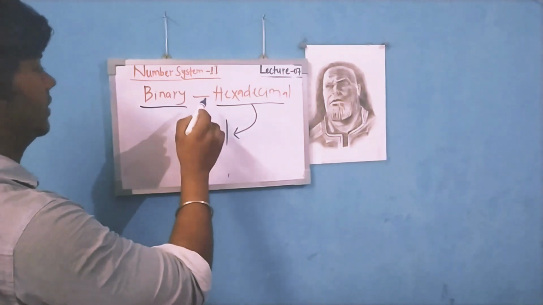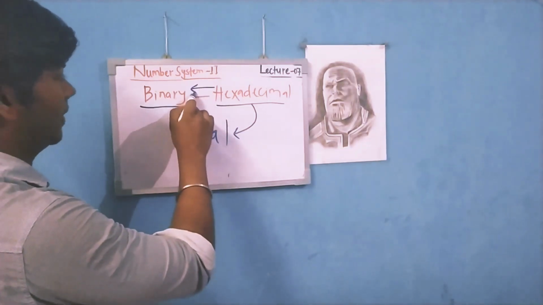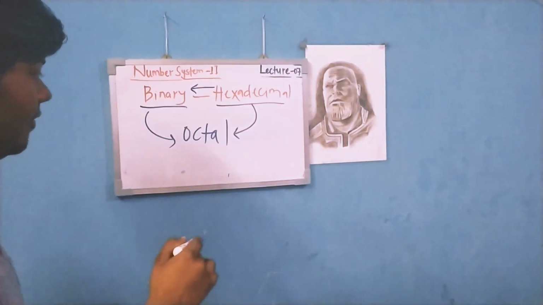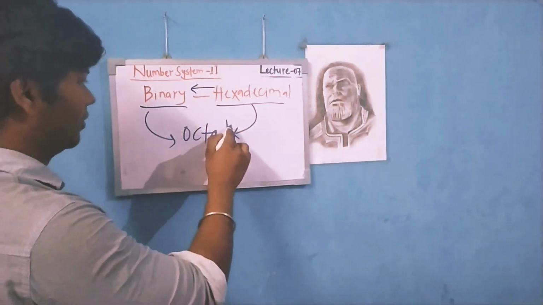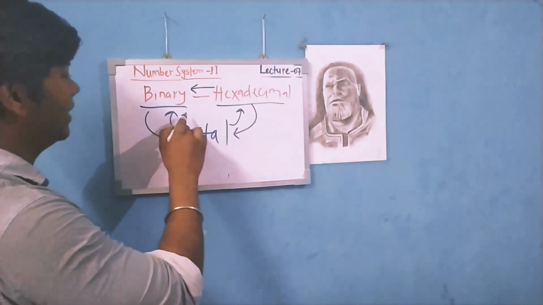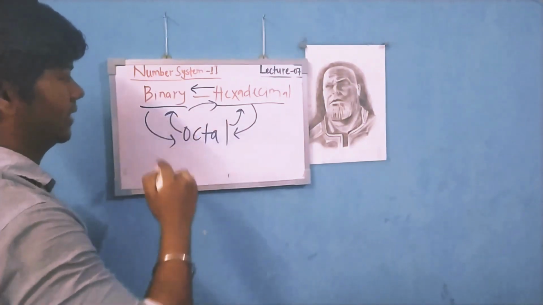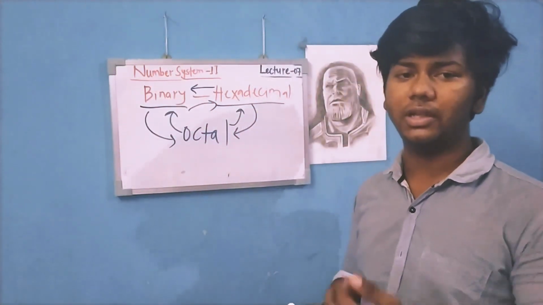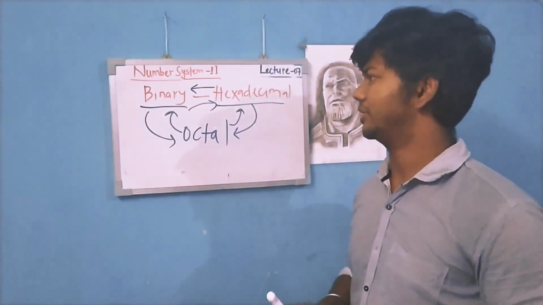First convert the number from hexadecimal to binary, then binary to octal. And in the same way for octal to hexadecimal, first convert from octal to binary, then from binary to hexadecimal. So in this way you can convert a number from hexadecimal to octal and also octal to hexadecimal.